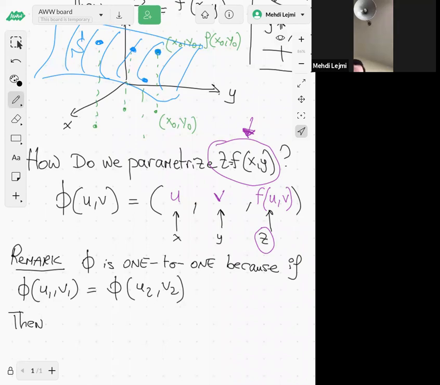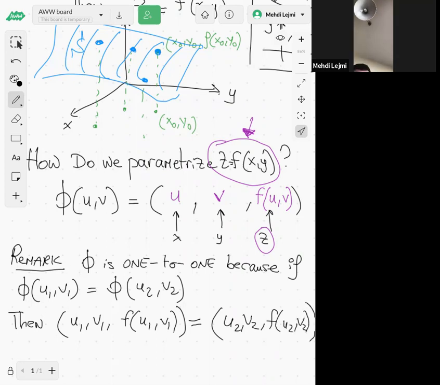It's supposed to be u1 v1 and f of u1 v1, right? So the hypothesis here is that this is equal to phi of u2 v2, which is u2 v2 and then f of u2 v2, right?